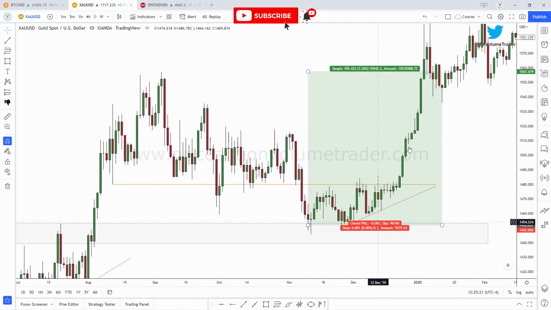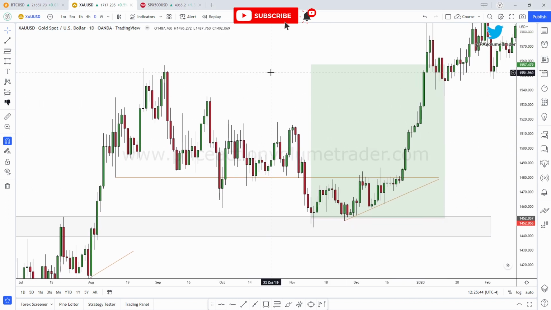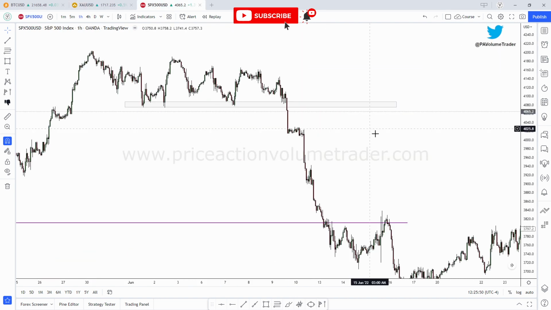And in this case, you can see it didn't even create any structure because it just pretty much shot up, and then it would hit our take profit. Okay, but that's another example of how we can use the evolving price action and structure to help guide our stop loss trailing, and how it's not always convenient to move our stops to break even.